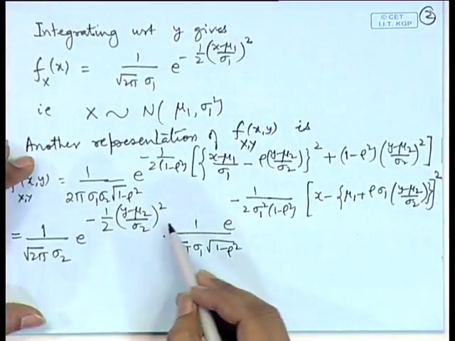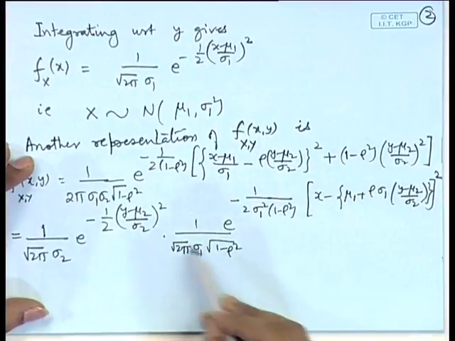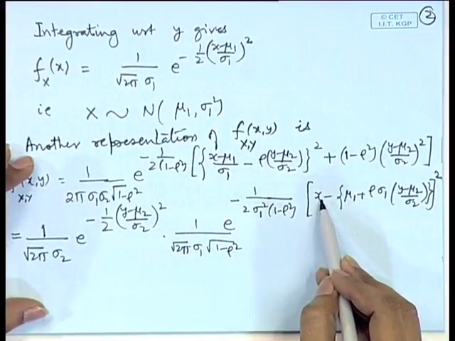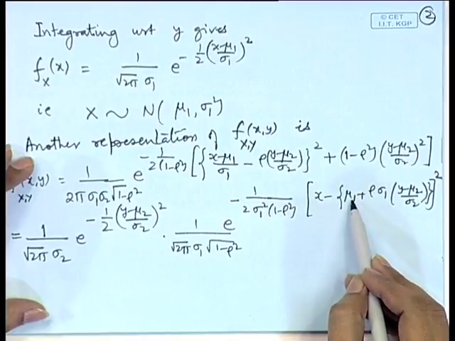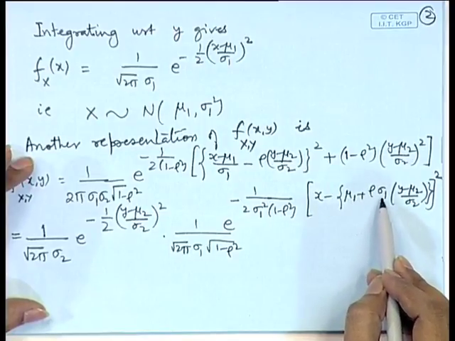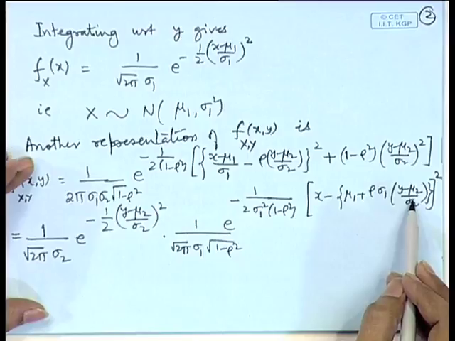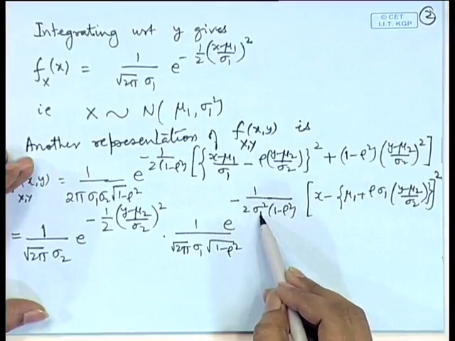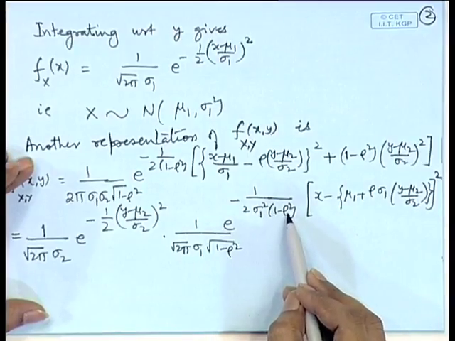So, notice here that the second term is a density of a normal random variable with mean mu 1 plus rho sigma 1 into (y minus mu 2) by sigma 2 and variance sigma 1 square into 1 minus rho square.